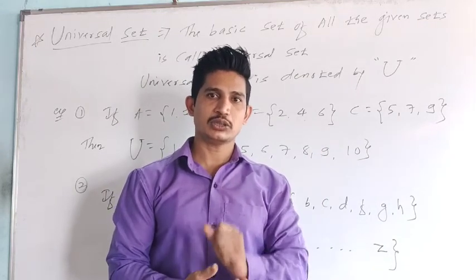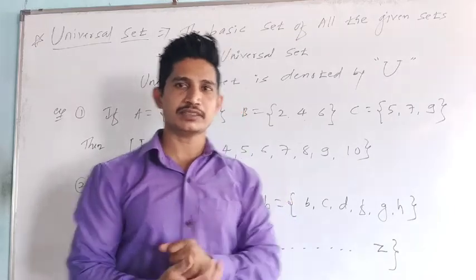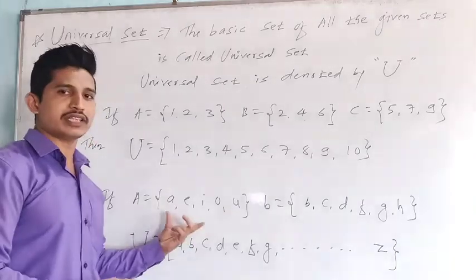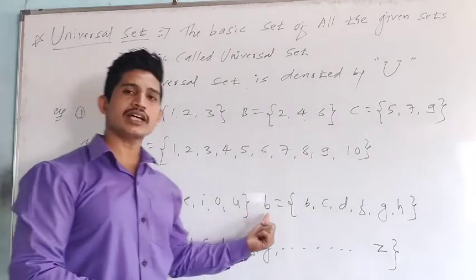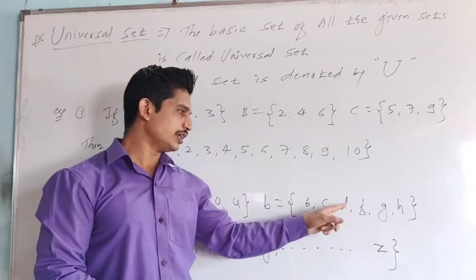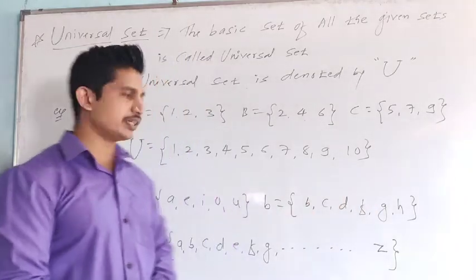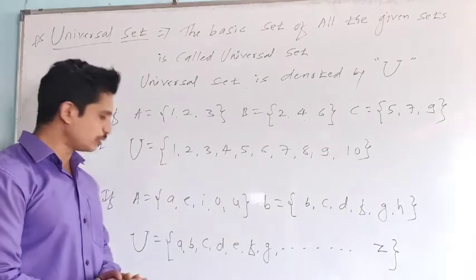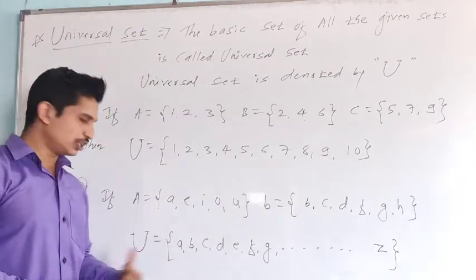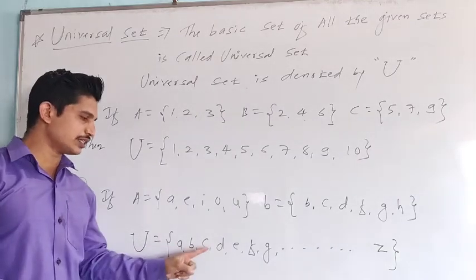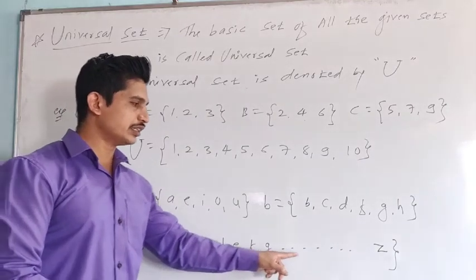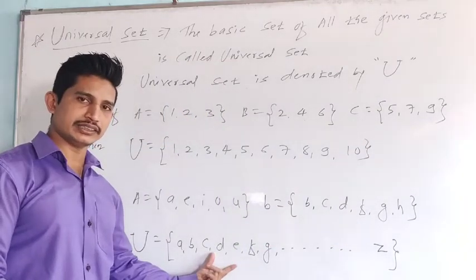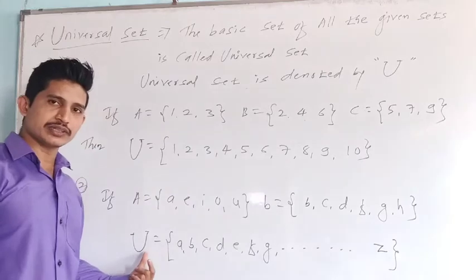All the elements of the given sets are present in one set. It is called the universal set. Let's see one more simple example. A has A, E, I, O, U, and B has B, C, D, F, G, H. So set A is this, set B is this. Now the universal set is A, B, C, D, E, F, G till the last, Z. All the 26 letters will come in the universal set.